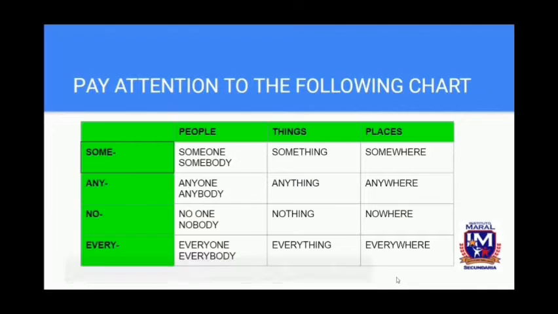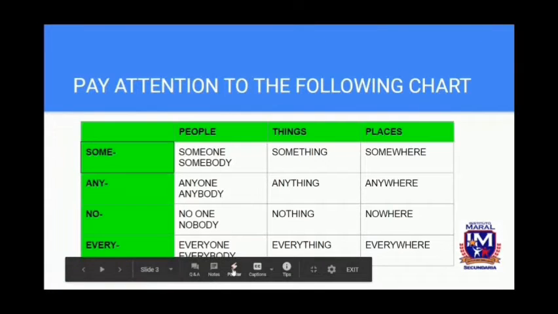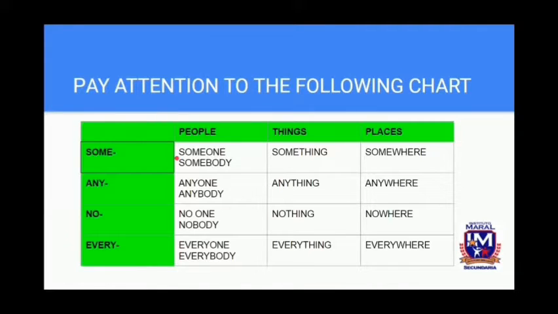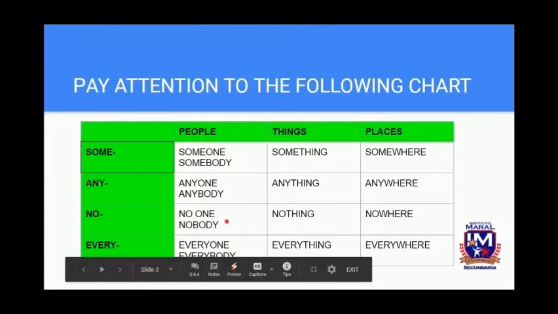So here, as you can see, we have a chart showing how to make these compound words that become indefinite pronouns. Here we have the indefinite pronouns that can be used when we talk about people: someone, somebody, anyone, anybody, no one, nobody, everyone, everybody.